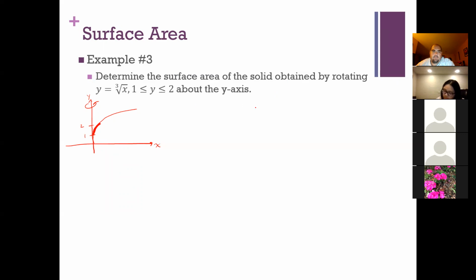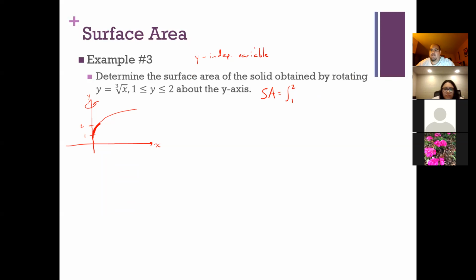We could start the surface area function with... From 1 to 2. Yep, 1 to 2. So in saying 1 to 2, I think we have to go with y as our independent variable. Which is fine.